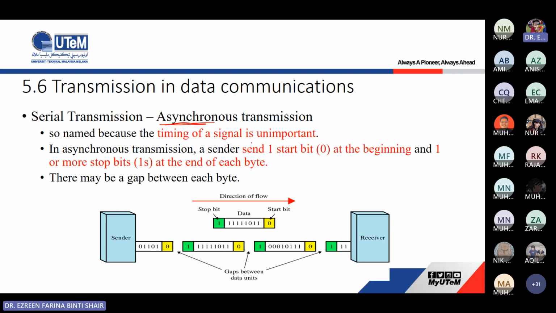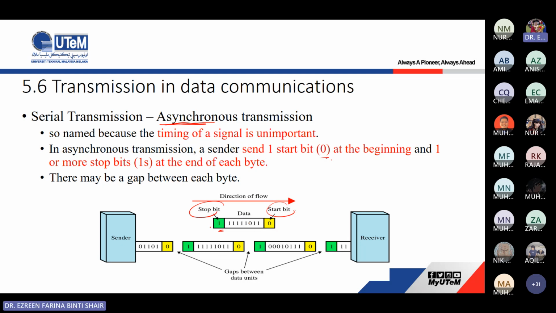Because in order to determine which one is the data, we have the start bit and we also have the stop bit. The start bit is one more bit at the front, which is bit 0, and then we need another bit, which is bit 1, at the end of each part. So this is how the receiver determines the data.